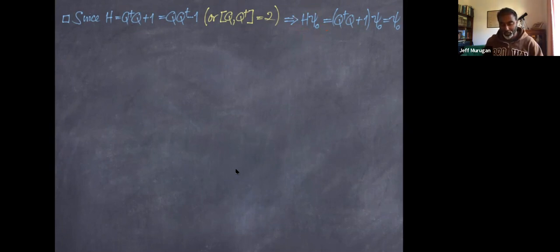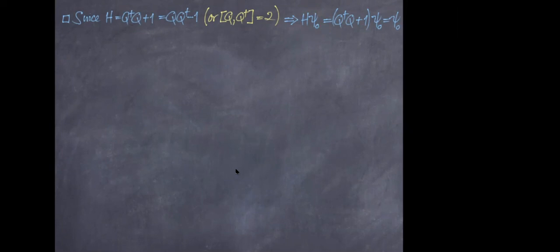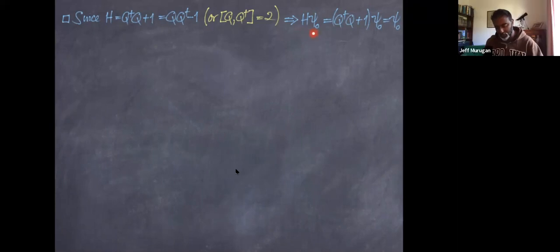And we have just shown that Q dagger Q acting on psi naught is 0. So H acting on psi naught is Q dagger Q plus 1 acting on psi naught, which is just 1 times psi naught, which tells me that the eigenvalue is 1 for this eigenfunction. Right. So what?